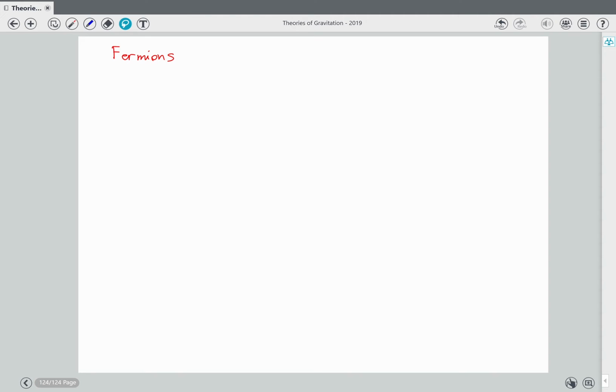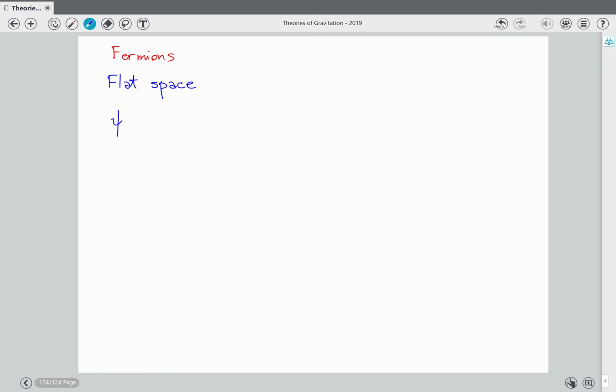You need the vielbein, and you need to consider what we have already called local Lorentz transformations. So first we start from flat space and recall how to treat fermions in flat space, which you might have seen in other courses, but we need to recall it because then we have to generalize these formulas.